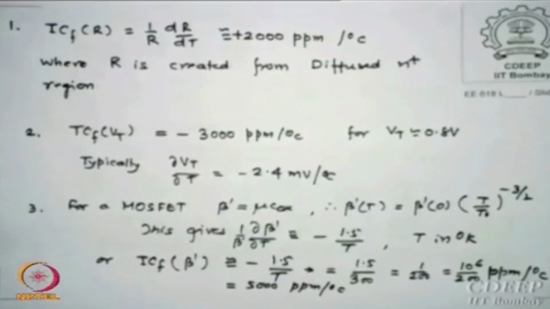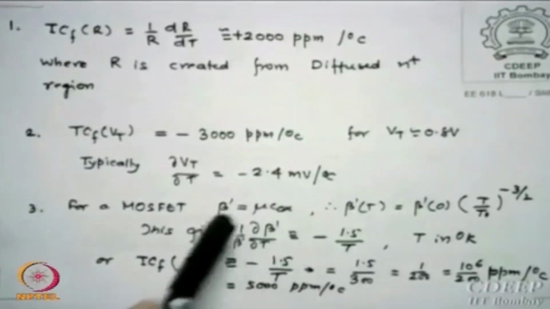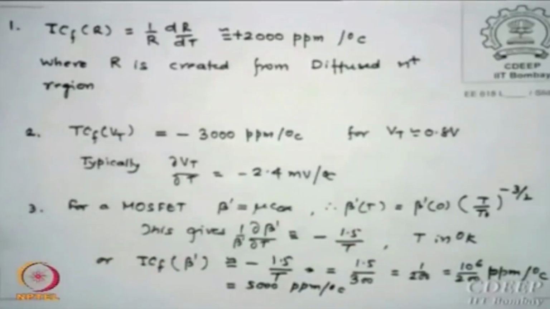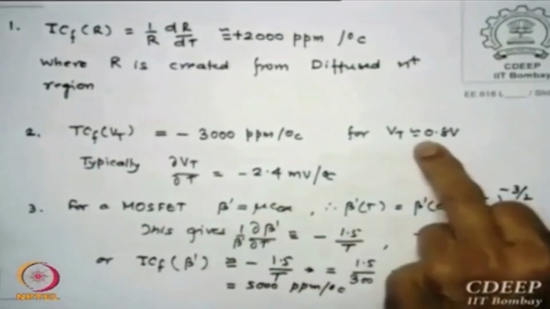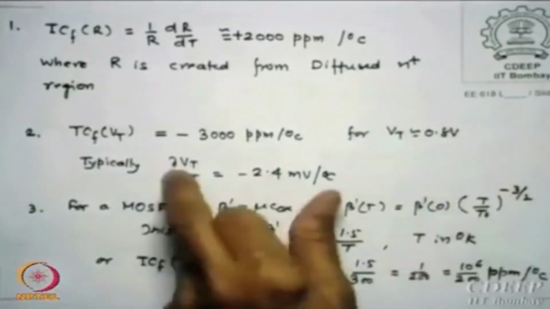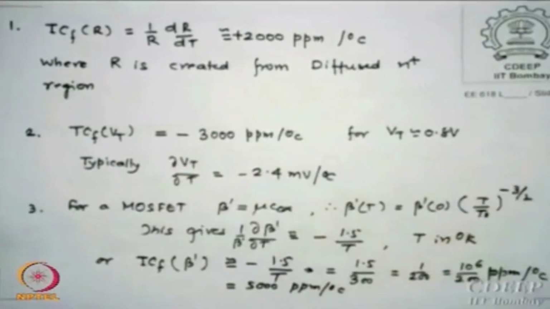The change in threshold voltage with temperature is typically 2.4 millivolt per degree centigrade with a minus sign, that is, it decreases. So for a typical 0.83 value of this, TCF becomes roughly minus 3000 ppm per degree centigrade. Please remember in TCF, 1 upon Vt is the value coming, so this value will be a function of Vt itself, whichever Vt you are using.